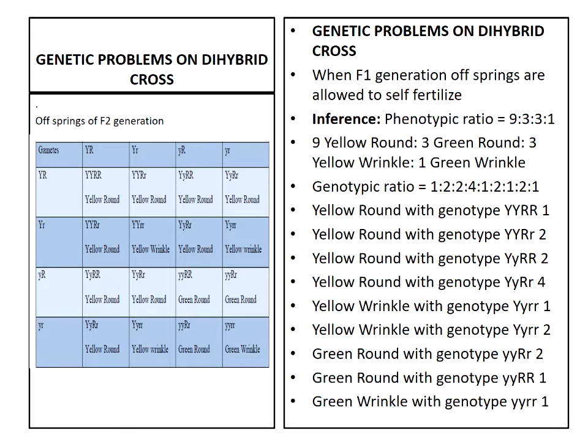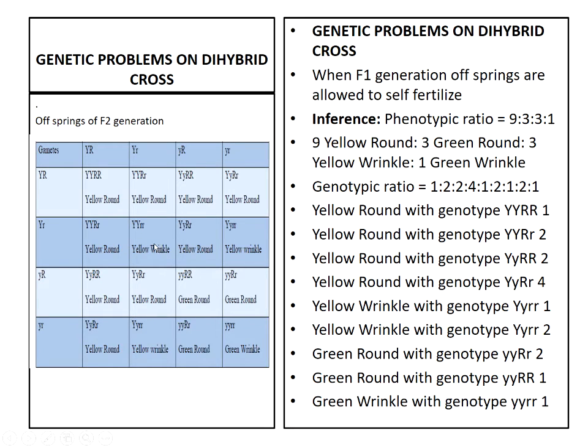And next is yellow round with genotype capital Y, small y, capital R, small r. So here you can write capital Y, capital R, small r. 1, 2, 3 and 4. Next is yellow wrinkle with genotype capital Y, small y, capital R, and small r.